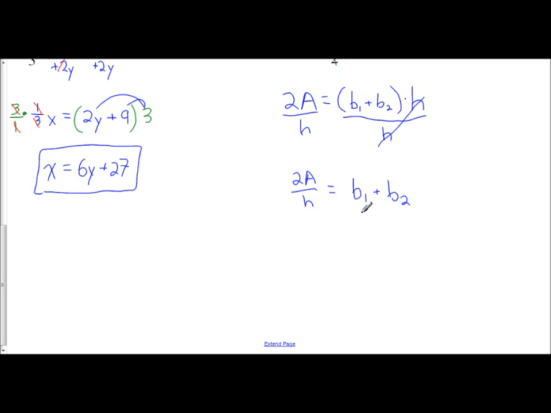And so I'm going to solve for b1. So I would subtract b2 from the right and the left side. And so I get 2a over h minus b2 equals b1. And that is your solution.